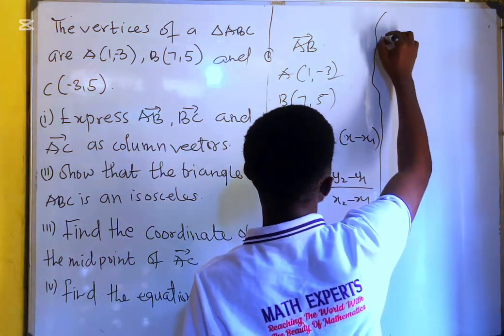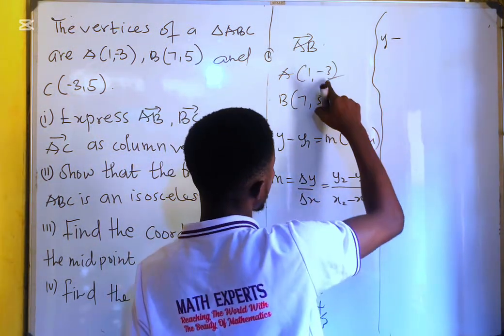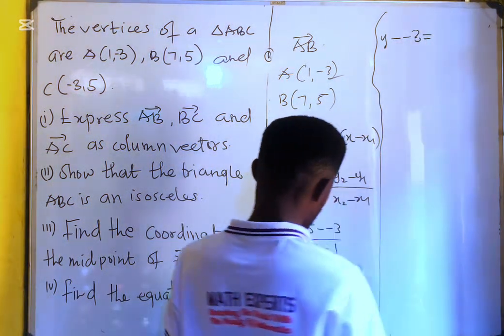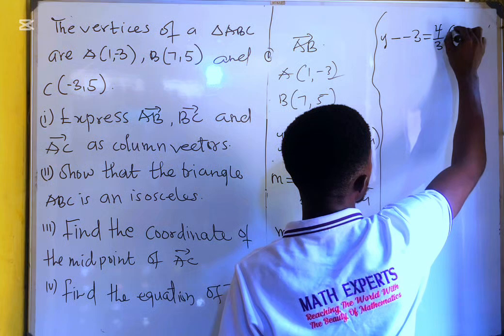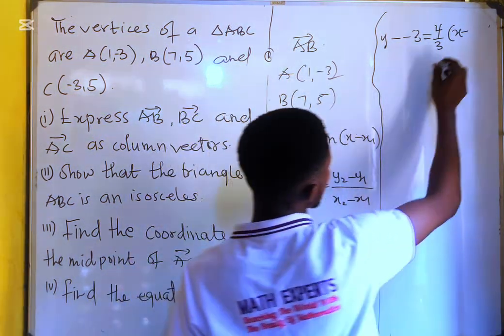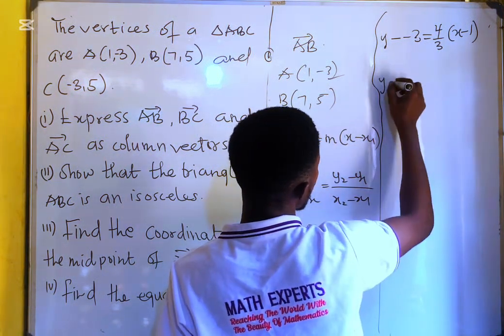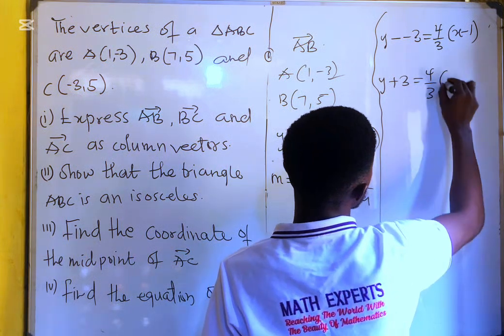So I have y minus y1, and my y1 is negative 3, so already there's a minus here. So it will be y plus 3 equals the gradient, which is 4 over 3, times x minus 1.